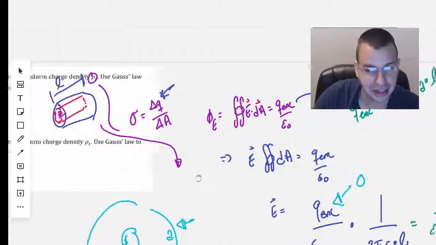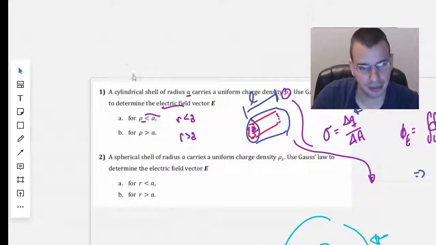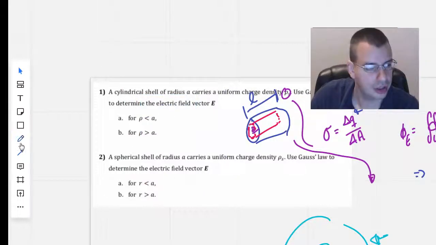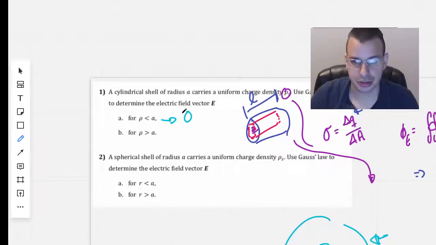Now you have this second situation here. So this one for part A, clean up the board slightly, get rid of the riffraff. This one, there will be 0 Q enclosed. There'll be 0 enclosed charge because it's on the interior of the shell.